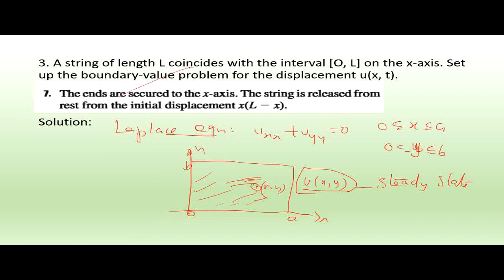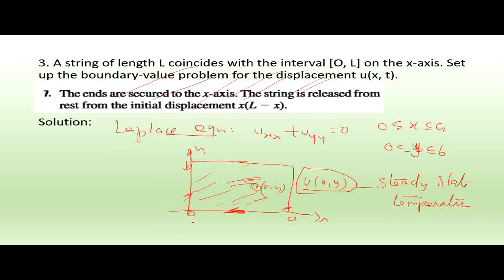So we have nothing to do with this problem. I am just giving an idea about the Laplace equation. Steady state temperature in a rectangular plate whose vertical edges are x equal to 0 and x equal to a, and upper and lower bounds are y equal to b and y equal to 0.